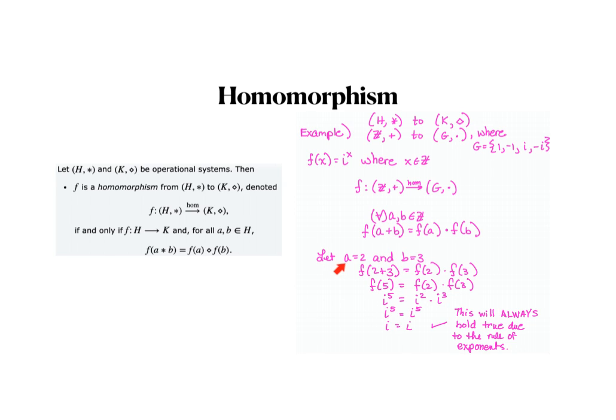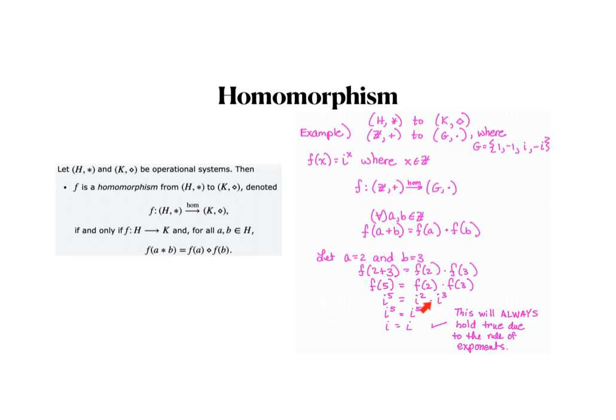If I picked two numbers, A equals 2 and B equals 3, and plugged into this, you would see that it would always hold true. So f of 2 plus 3 must equal f of 2 times f of 3 in order for this to be homomorphic. So that becomes f of 5. Well, f of 5 is just i to the 5th, f of 2 is i squared, and f of 3 is i cubed.